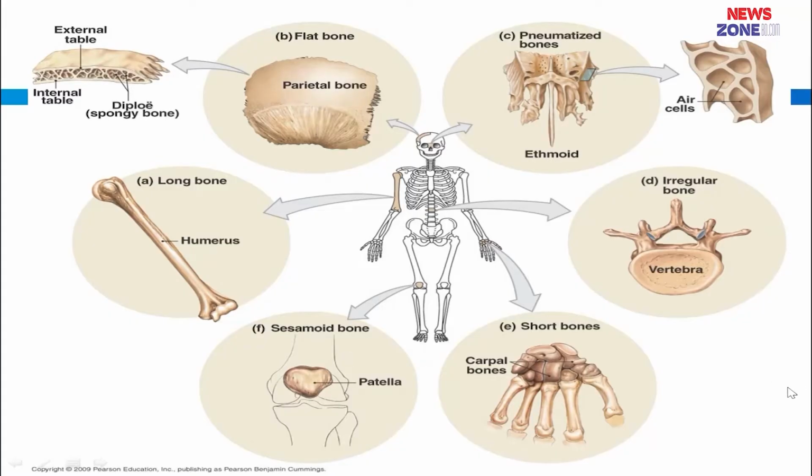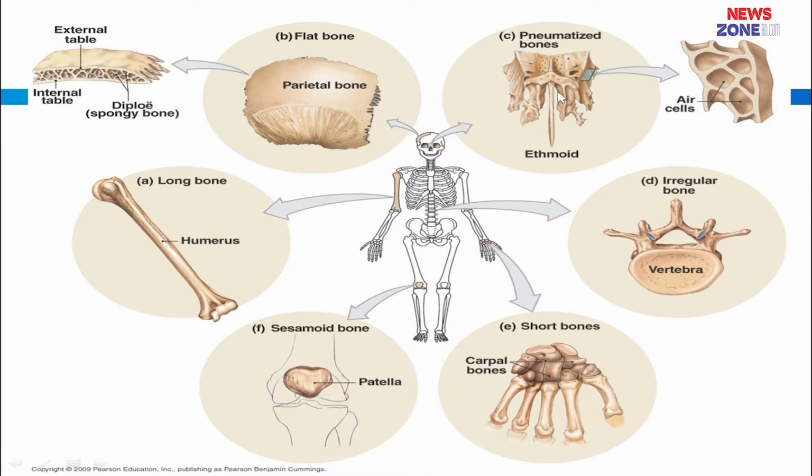In this picture, we can see some of the bones which are morphologically classified. For example, this is a humerus, which is present in our arm, which is very much elongated, having ends. This is termed a long bone. This is a bone of the skull called the parietal bone, which looks very flat. So, it's a flat bone.